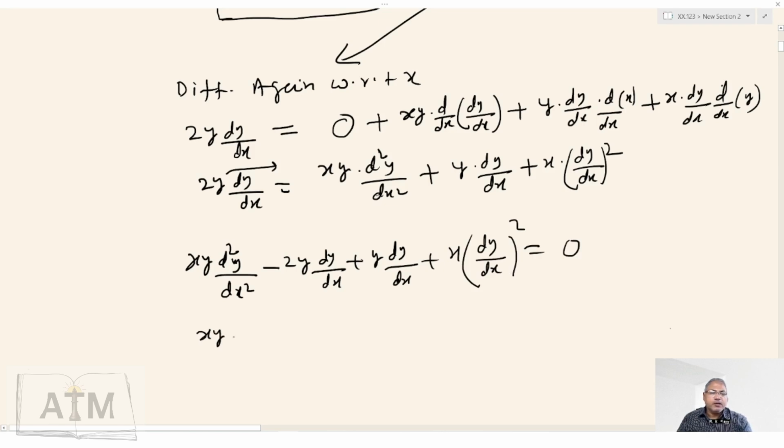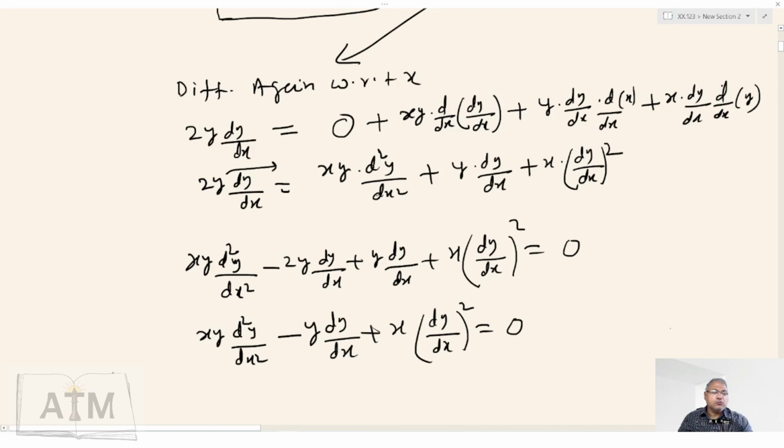So we get xy d²y/dx² minus y dy/dx plus x (dy/dx)² equals 0. This is the required differential equation.